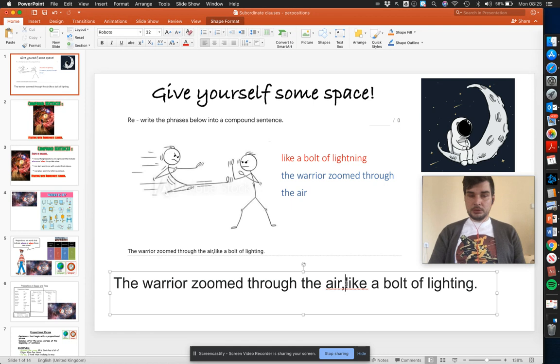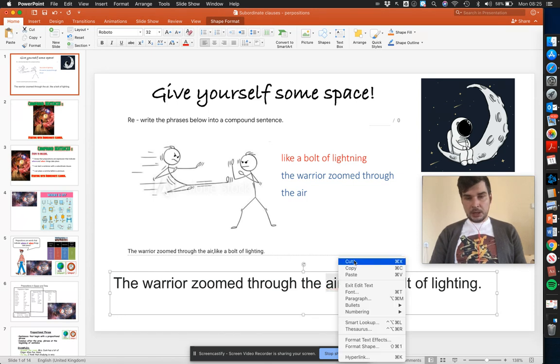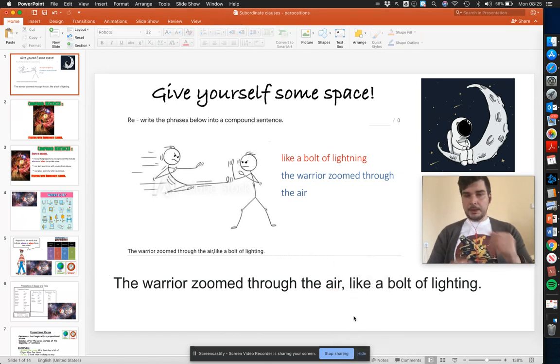So all you need to do is tap it, give yourself some space, and you are done. Oh, and here the PowerPoint recognized that you need to give yourself some space. So whenever you use a comma after a subordinate clause, give yourself some space. That's me done with that section. Let's move on to the next part.